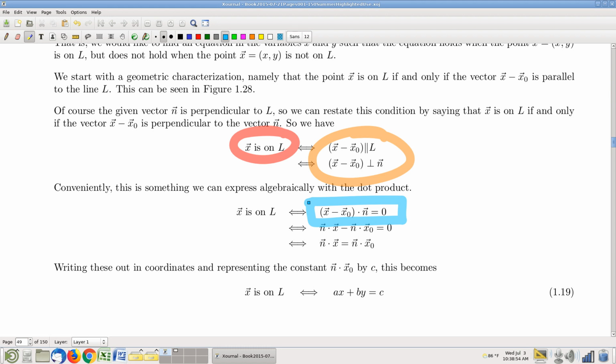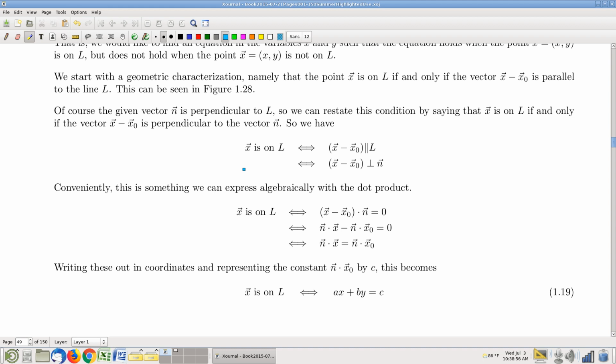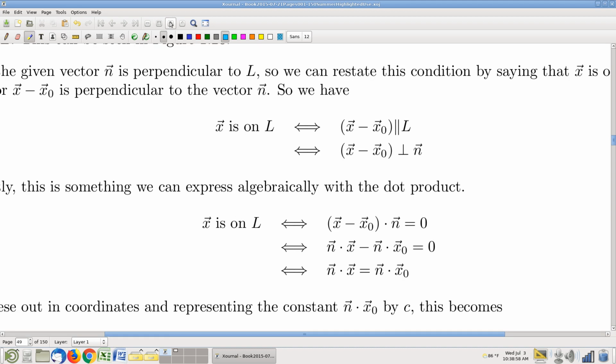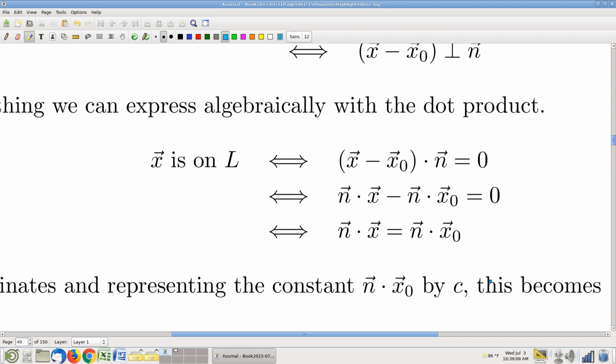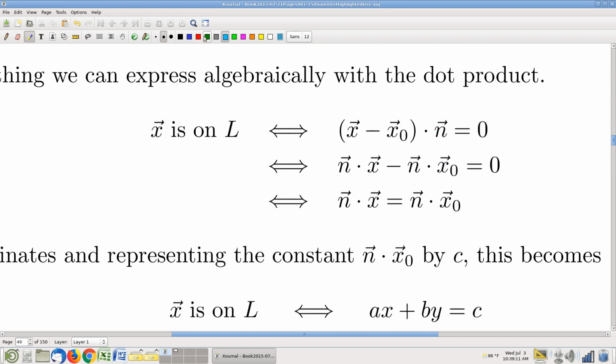And if you write down that dot product and do a little bit of algebra, you can distribute the dot product, move terms around, move this term over to there, and notice that we were given n, we were given x naught. That was all given. And so we have ourselves a point tester.